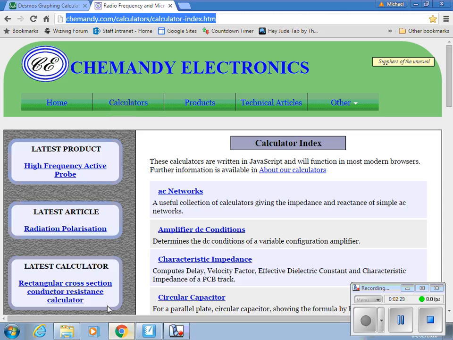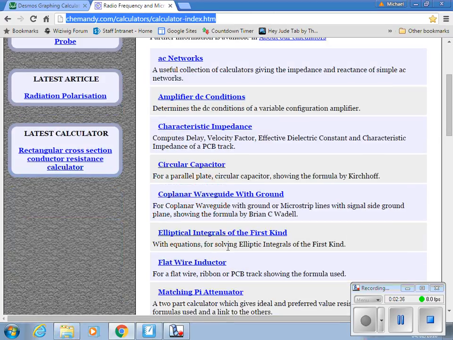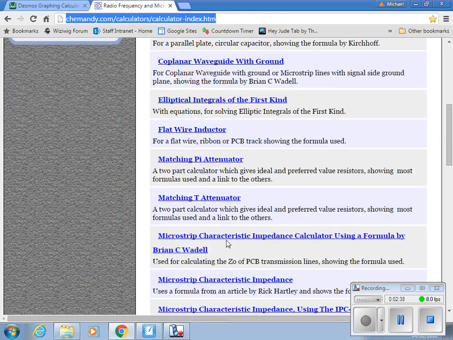So if I go to chamandy.com, in good old Blue Peter fashion, I've already got this prepared. There are a number of calculators for various different things. These two are ones if you want to design an asymmetrical attenuator, with different input and output impedances.